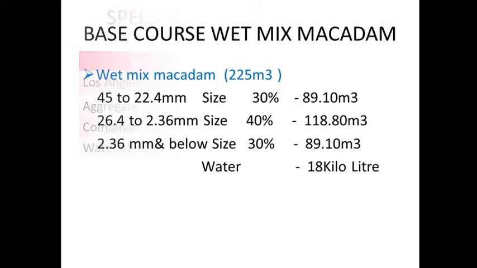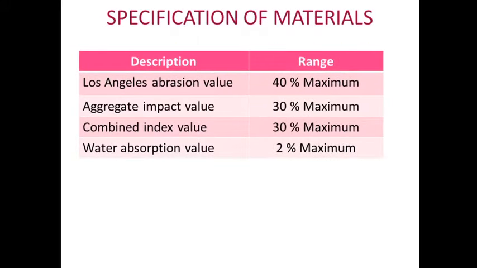Next, specification of materials which are used for preparing base course. The Los Angeles abrasion value of aggregate used for base course as wet mix macadam is 40% maximum. Aggregate impact value 30% maximum.